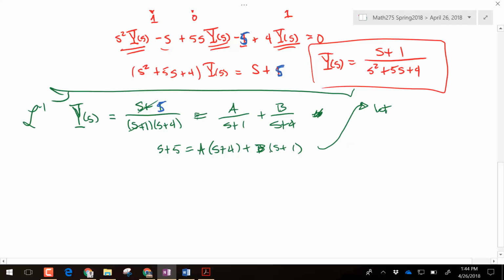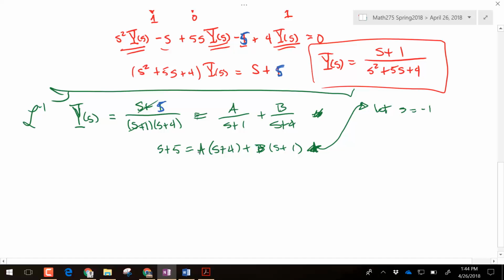Looking at this equation, there's no more fractions, right? So if we're looking at that equation, I can casually just let s equal something. So let s equal -1, which you wouldn't have been able to do in the previous equation because there's denominators that would go to 0.